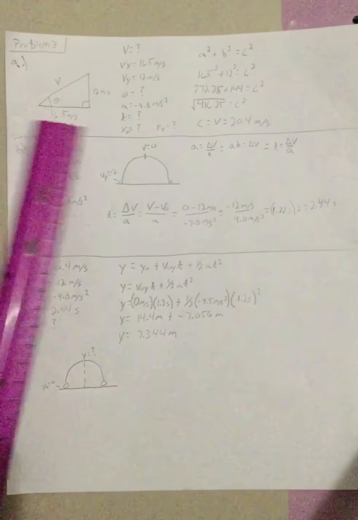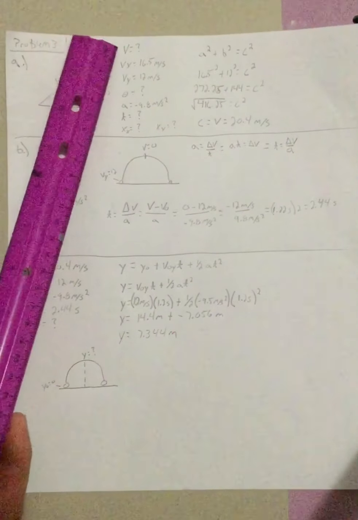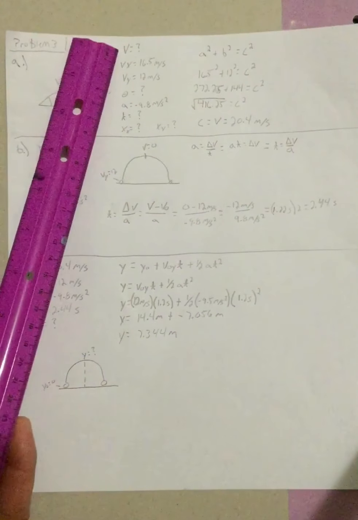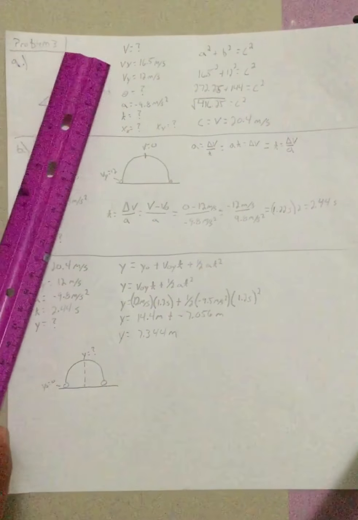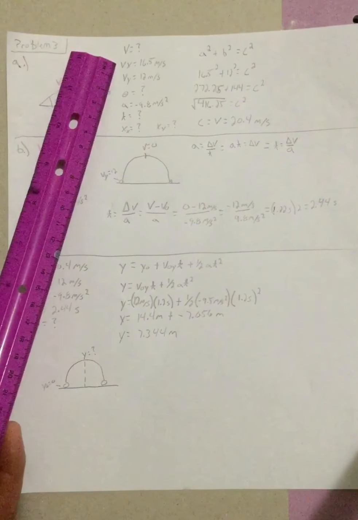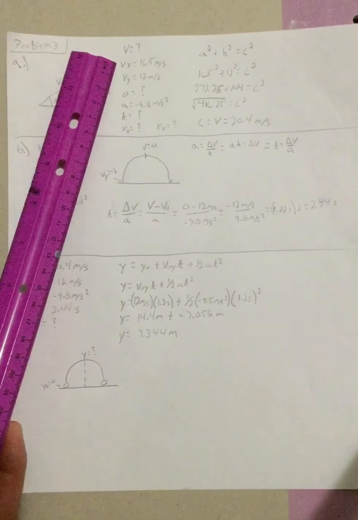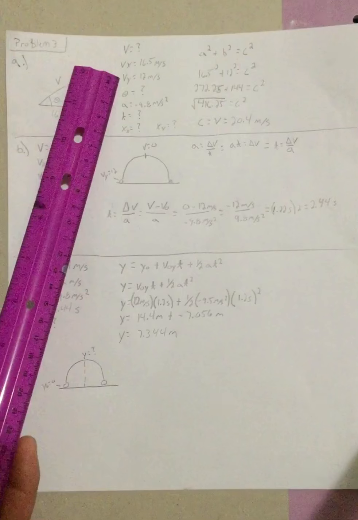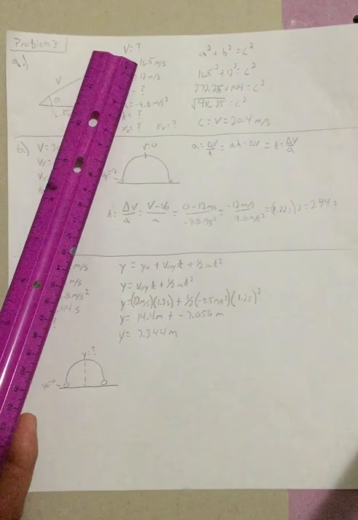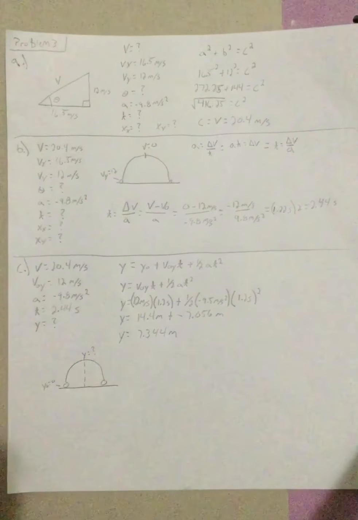So, in the first problem, problem A, what you're looking for is the velocity of the ball. You have a few givens, which is your Vx, your velocity for the horizontal, and your Vy, your velocity for the vertical. This is 16.5 meters per second, and this is 12 meters per second.